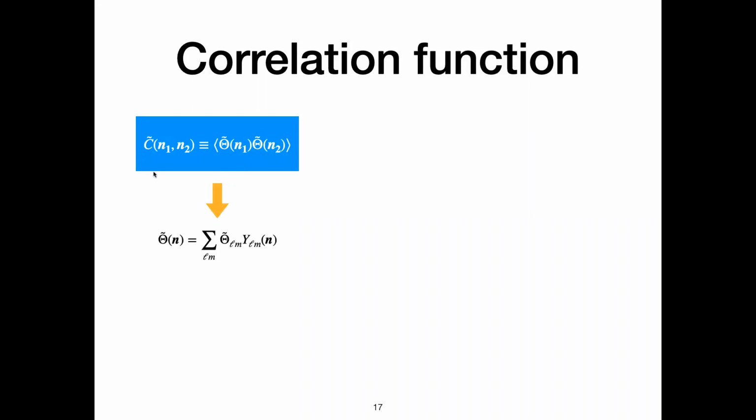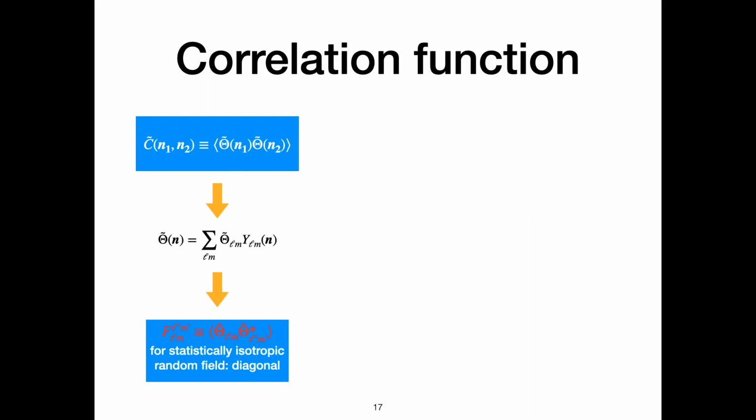Secondly, this temperature anisotropy can be broken down into spherical harmonics. Then in the spherical harmonic space, we can calculate this 2-point correlation function, which is f. Just for information, for a statistically isotropic random field on a sphere, this function is a diagonal matrix.